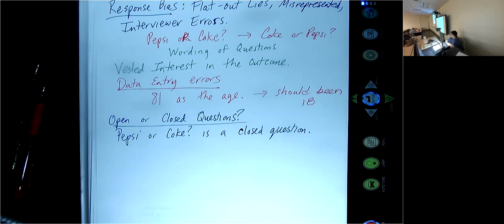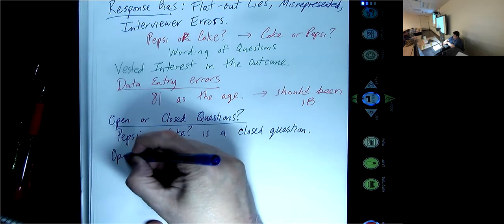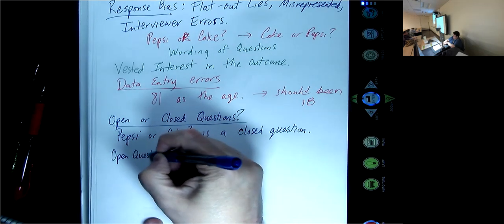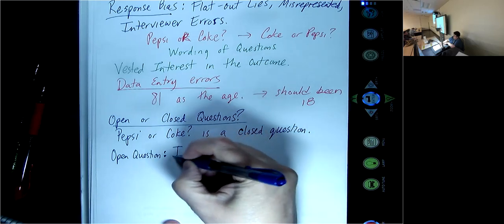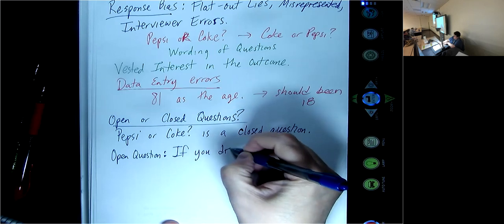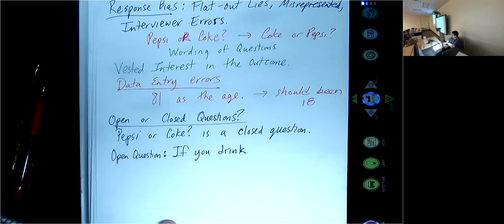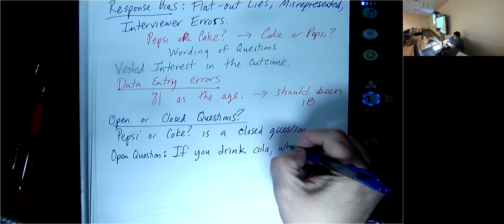What do you do? Do you leave it blank? Just pick one at random? It's not really accurate of what you like. A better question, an open question: if you drink cola, that's what the general category of Pepsi or Coke is called, cola, what brand do you prefer?